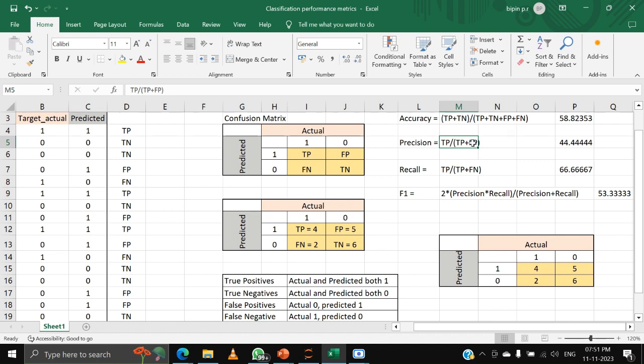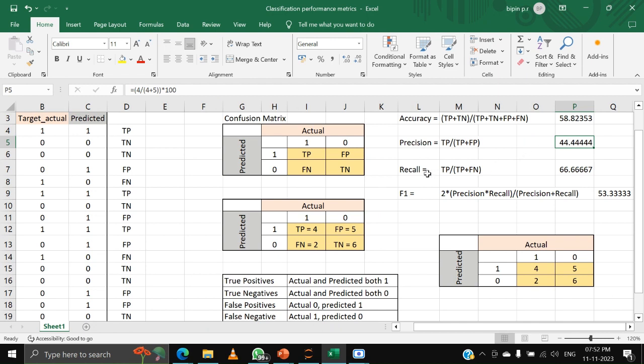FP is also classified as positive, but it is false. Anyway, it is classified as positive. Now, out of the positively classified, how many are truly positive? So it is TP divided by TP plus FP. When you substitute these values from the confusion matrix in this equation, you will get some value.